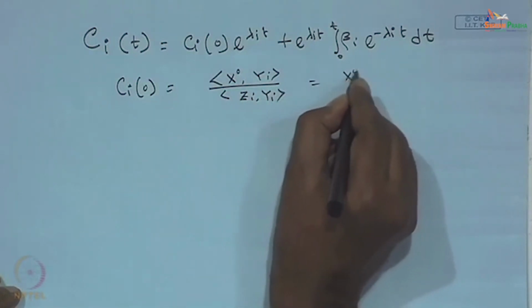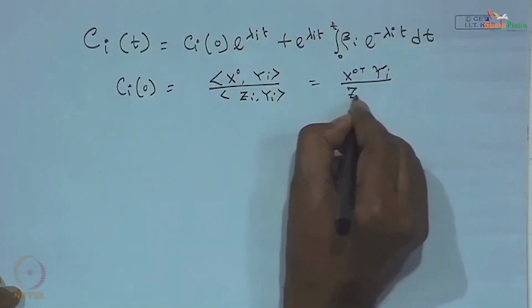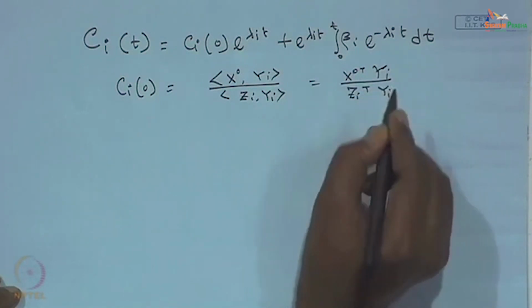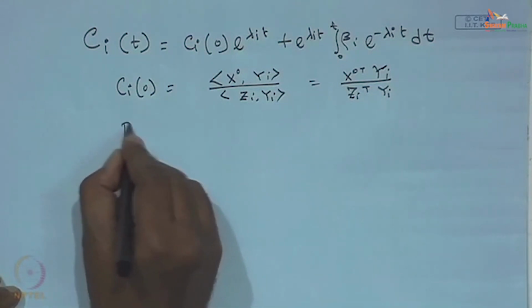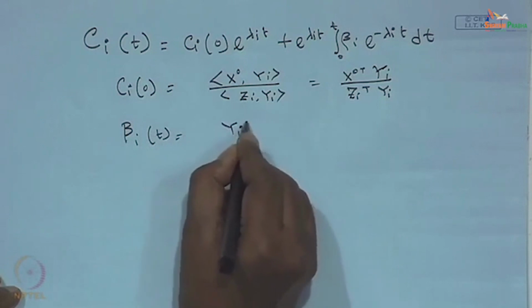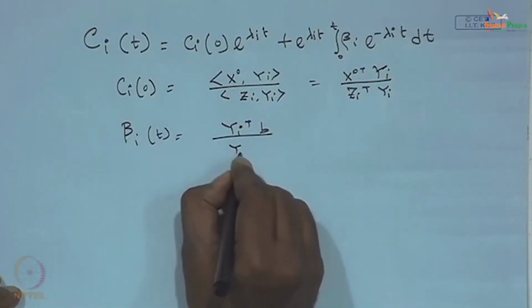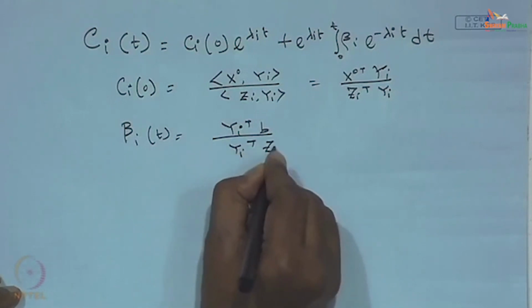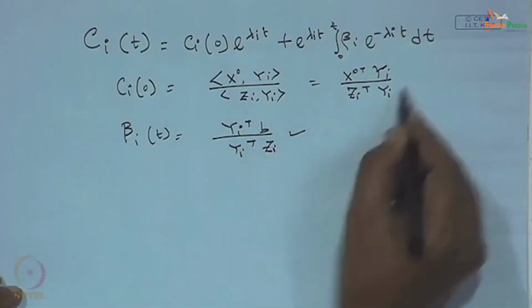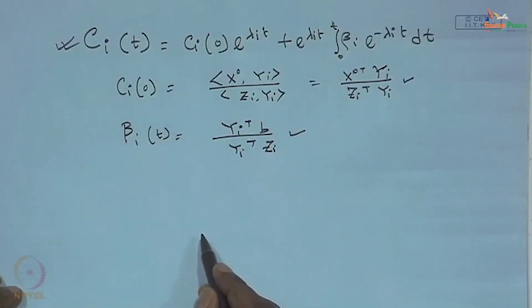So, this will be x_0 transpose y_i over z_i transpose y_i, which we have already written, and beta_i we have already obtained as y_i transpose b divided by y_i transpose z_i. Once we get this, we can get the solution of c_i(t), and we will be getting the complete solution.